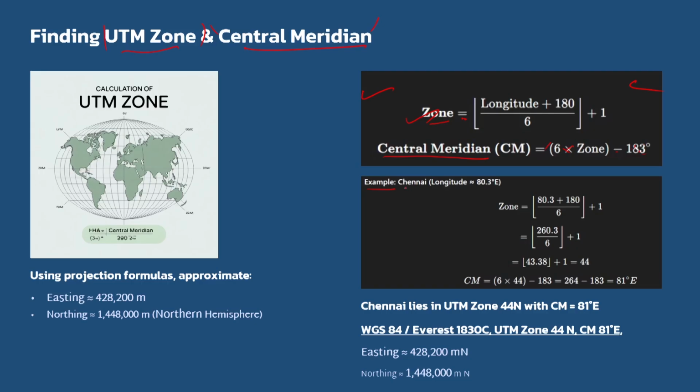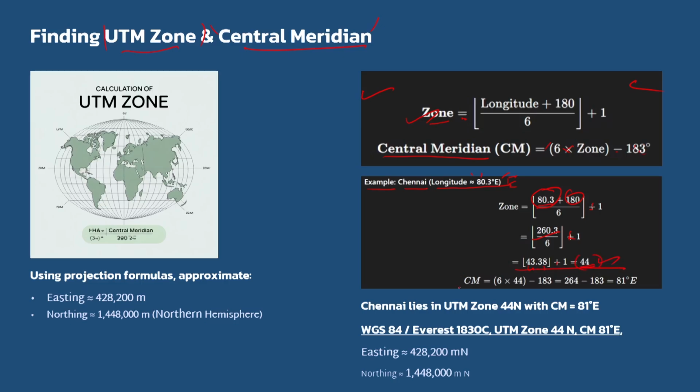Let us say, for example, Chennai, with a longitude value of 80.3 degree east. Apply this number in the formula: 80.3 plus 180 divided by 6 plus 1. So, 260.3 divided by 6 plus 1, and finally you get 43.38 plus 1, equal to 44. So, we belong to zone 44.